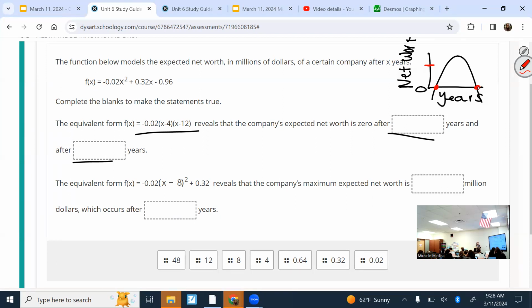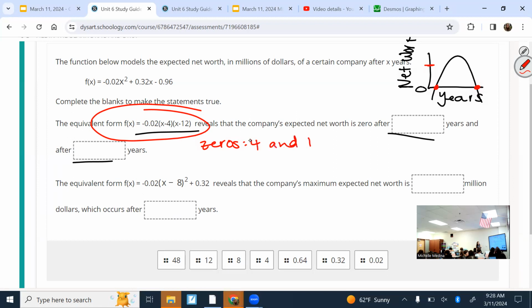So again, you could graph it, you can see where it touches. Or if you look at the factor form they give you, you technically don't need to graph it, you should be able to tell just by looking at it. What are my zeros gonna be from this form? +4 and +12.